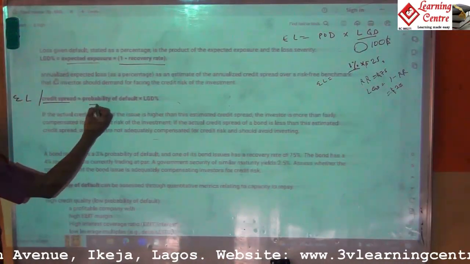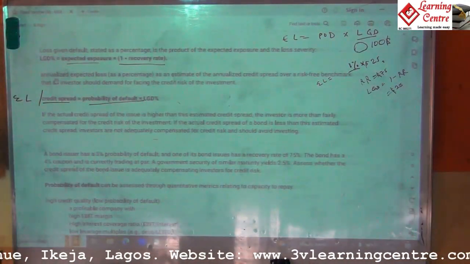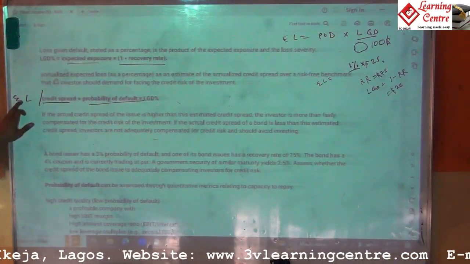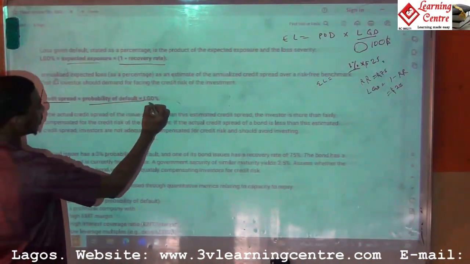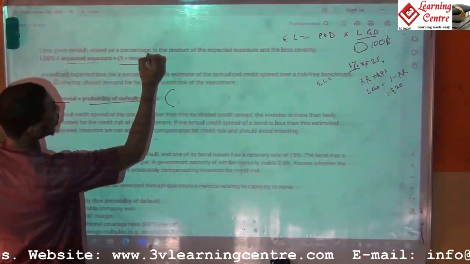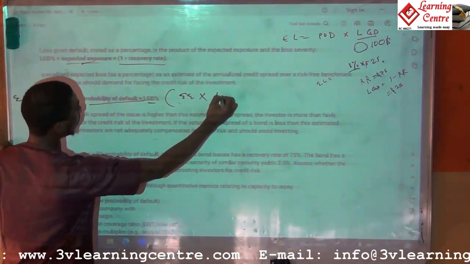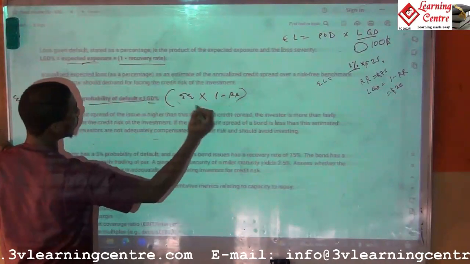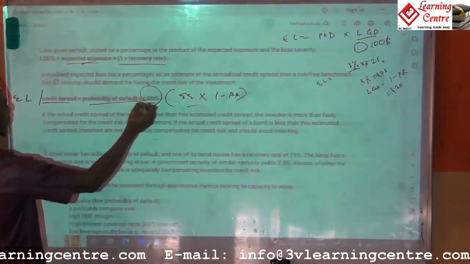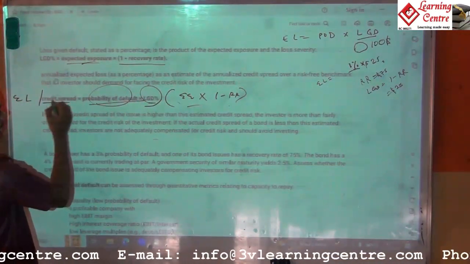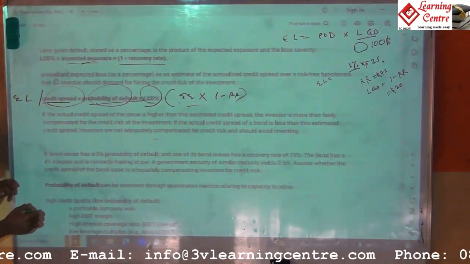Look, that is the formula for our expected loss. Just like this, LGD, expand it to be expected exposure times 1 minus RR. So this is expressed in percentages.